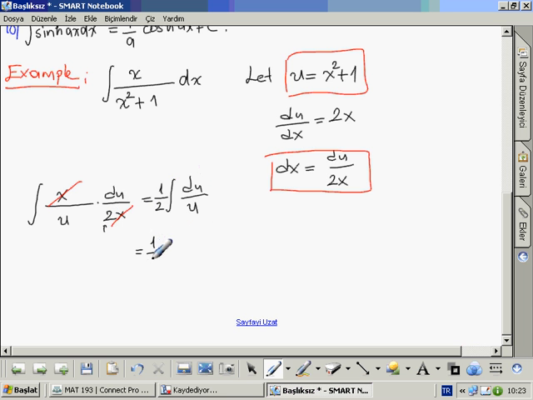After that, 1 over 2 times ln absolute u plus c. Let me write it I, and I equals 1 over 2 times ln absolute x squared plus 1 plus c.